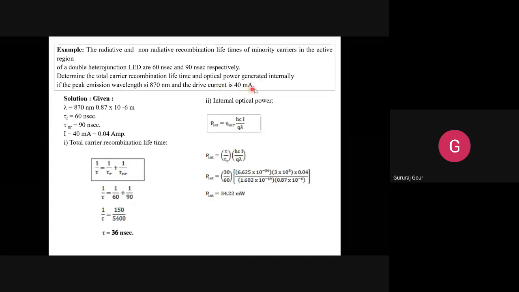You will ignore such small changes and calculate assuming it is 40 milliampere, taking 40 only. Understand? All the other data will remain the same. This could be asked with something like 30 instead of 60, only one value might be changed. You will ignore it and assume it as 60 only, because you haven't gone through the things correctly. So that's why we have to see the given data carefully.